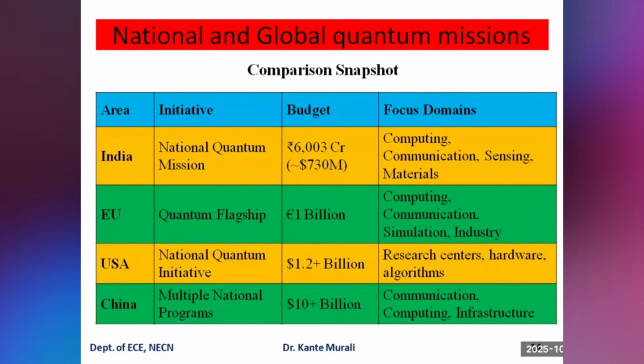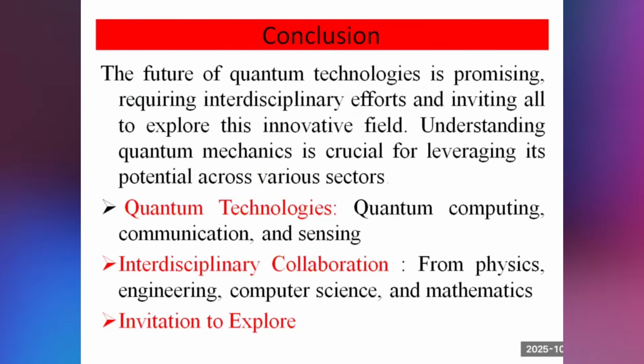This is a comparison snapshot of each country. Of course, I tried to compare only major countries. But by seeing this, quantum technology is promising, requiring interdisciplinary efforts, and inviting all to explore this innovative field. It is the foundation for the next technologies and revolution.